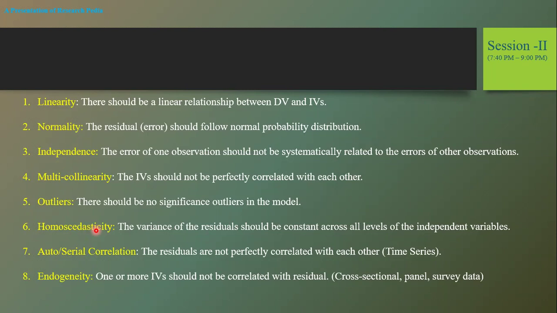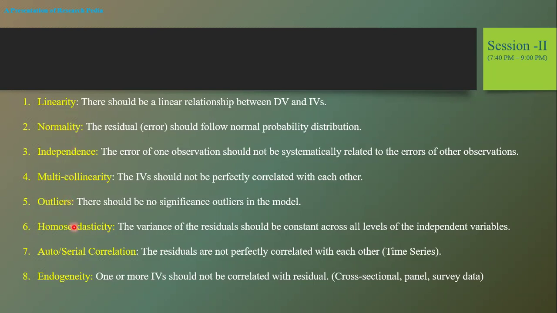Someone contacted me this morning and told me that his regression results are not significant. He has secondary data, and he has estimated the regression, but he found out that his results are not significant. So I suggested he please check the assumptions of regression: whether your data is linear, whether your data is normal, independence, multicollinearity, outlier, homoscedasticity.